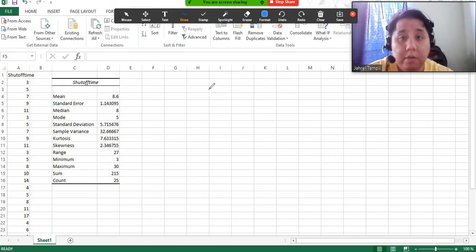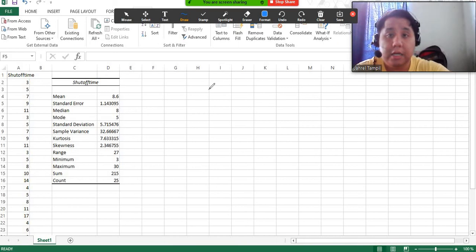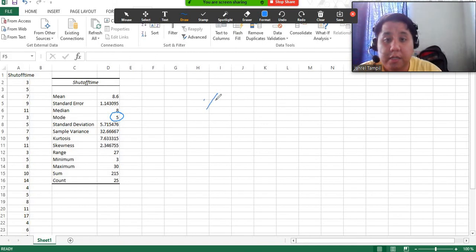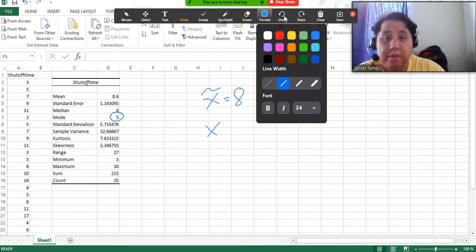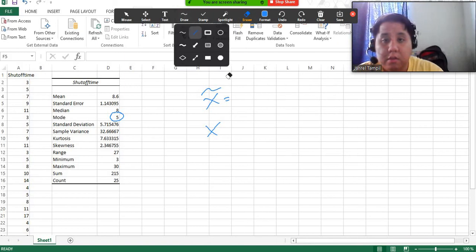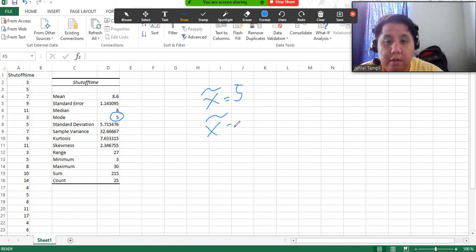However, one question can be raised here. Take a look at our data table. Excel reports that only 5 is our mode. But as you've seen a while ago in our dataset, if you're going to check it completely, we have 2 modes. 5 and another mode to be 11 actually.